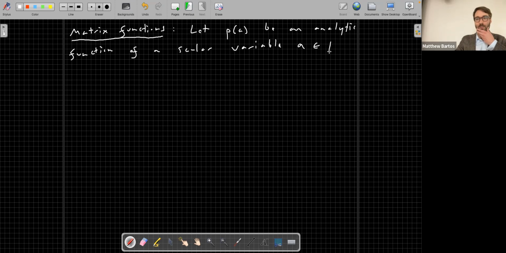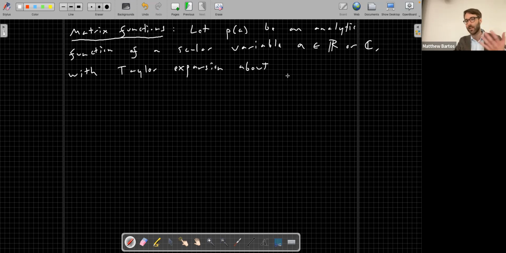We can say that it's maybe in the real numbers or in the complex numbers. It doesn't really matter. Let's say we have, for this function, a Taylor expansion about a steady point.